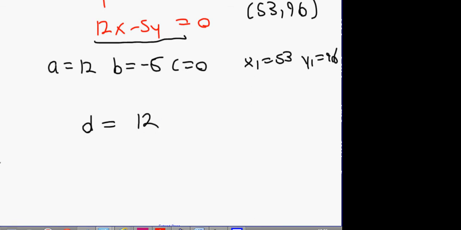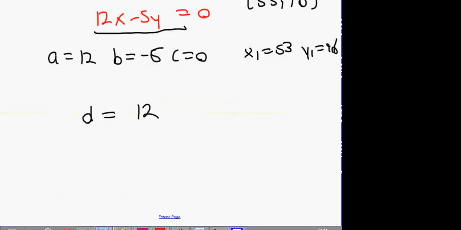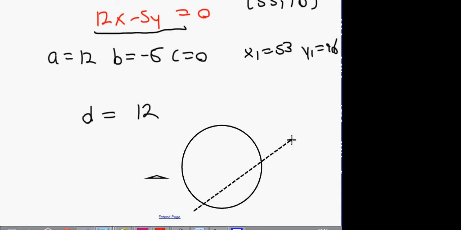Now guys, here's the tricky part, alright? What they're saying is, find how much distance you travelled through the ash cloud. So look at this. The ash cloud is a circle, like so. Your plane travelled through here. It made a chord. The center of the cloud is here. What you can do next is make an isosceles triangle, because the radius is 20, 20, 20.